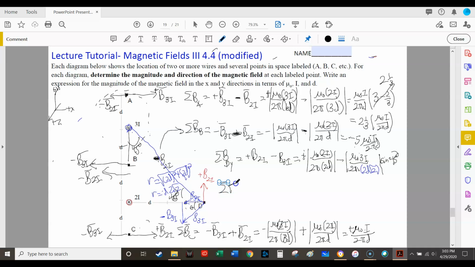In the x direction, at D for this object, only the negative B3i component is pointed in that direction.